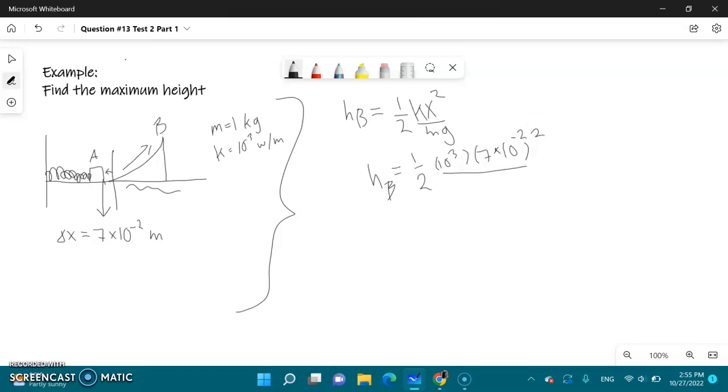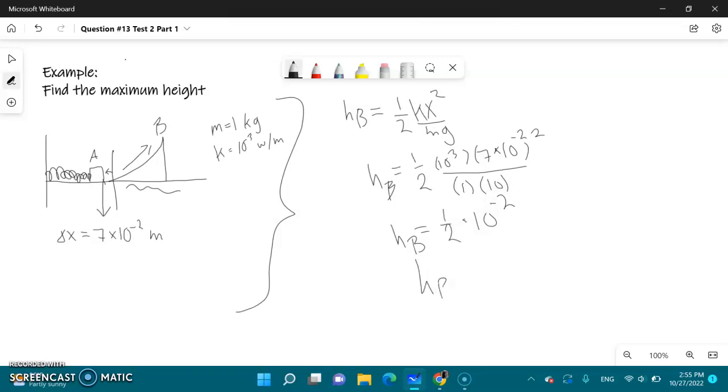And now all of this goes over, we know that the mass is 1, and to keep gravity more simple, we put 10. So now simplifying all of this, the height of B will come out to be half times 10 to the negative 2.